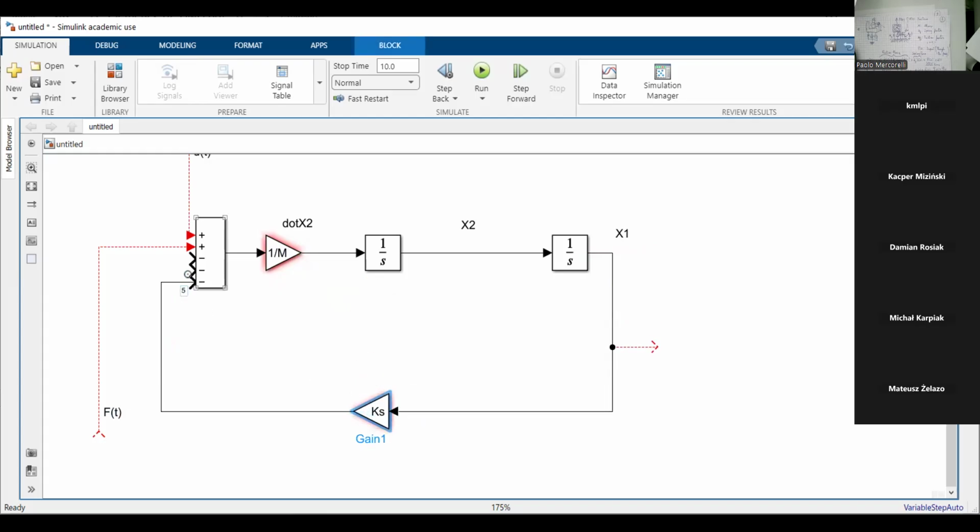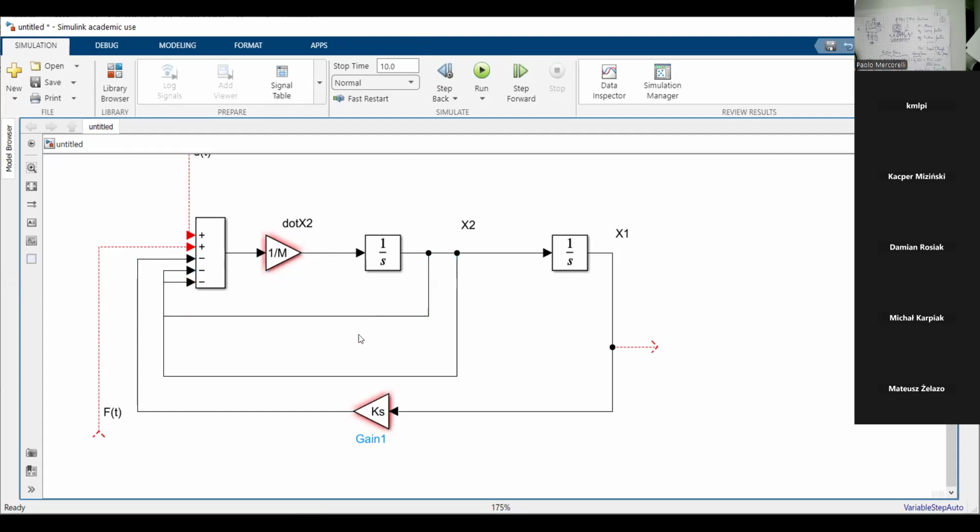It's better to put it here. Here, I have to consider the Coulomb friction. This means I have to consider one element here and the other element here. Now I show you better.